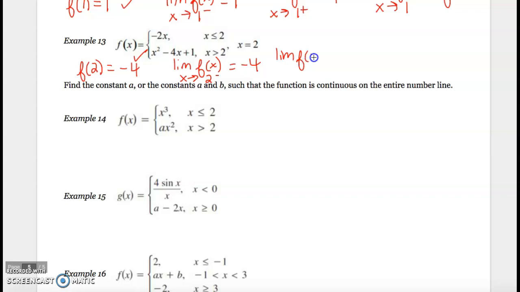My right-hand limit would be in the bottom piece this time because that's for values greater than 2. So if I plug 2 in there, 2 times 2 is 4 minus 8, so that's negative 4 plus 1, right? 4 minus 8 is negative 4, plus 1 is negative 3. Oh no, my general limit doesn't exist, so this is actually discontinuous. And then we stop there.